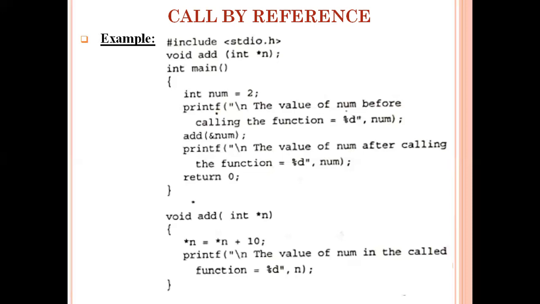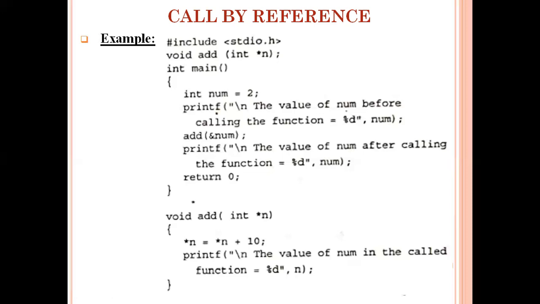So n indicates the address of the memory location of the variable. So star n is equal to star n plus 10, and the value stored in that particular memory location is updated with the addition of 10.